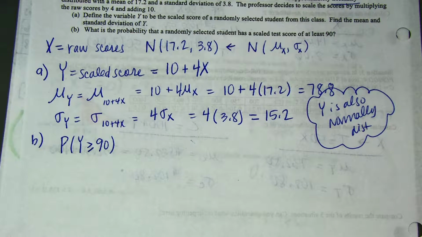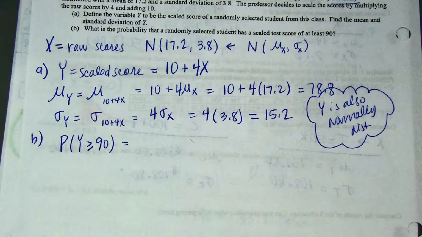Okay, so some of you are good and can just go straight to the calculator, and some of you don't want to remember the calculator stuff. We're going to have 13 different inference tests to learn in second semester, so there's going to be a lot of calculator stuff you have to know. So if the norm CDF thing sort of falls out of your mind in second semester, that's okay.